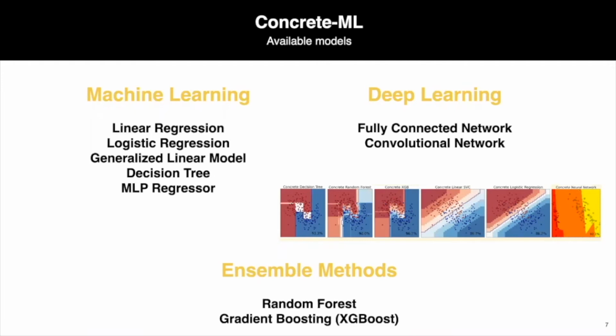I say some because of the constraints, it's complicated for complicated data sets to have working fully connected or convolutional networks. And finally, something which also really works fine is the ensemble methods, the random forest and the XGBoost. If you look at the documentation and the code, you will see that we have plenty of examples with them, and it really works fine.